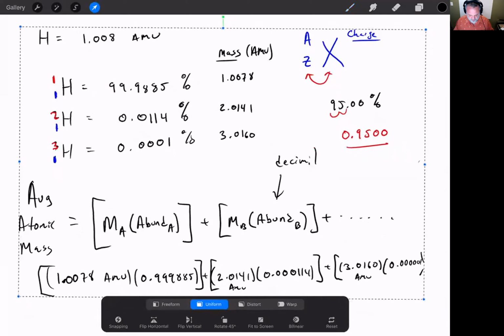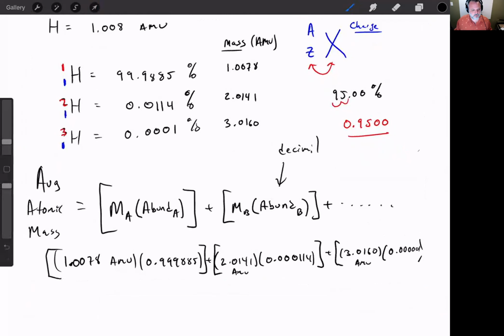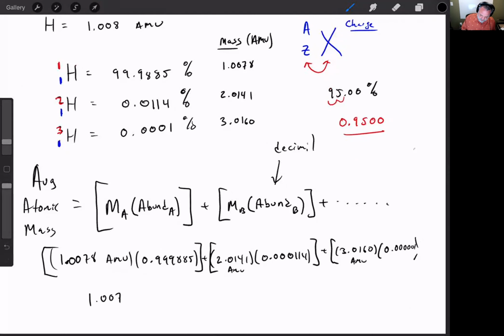So I'm going to get out my calculator and I'm going to go 1.0078 times 0.999885, and I get 1.0077, or excuse me, 768 AMU, plus 2.0141 times 0.000114.